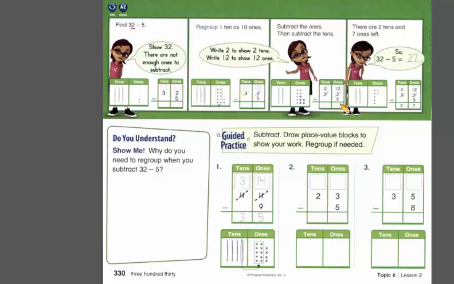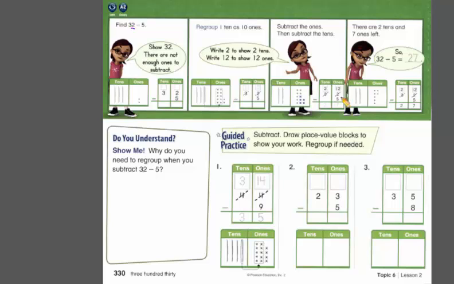And then, what does the subtraction frame show in the tens column? In the tens column, I have 2 tens. I regroup 1 ten, that's why I wrote here 2 left, to make 10 ones. So instead of having 2 in the ones, now I have 12 in the ones.